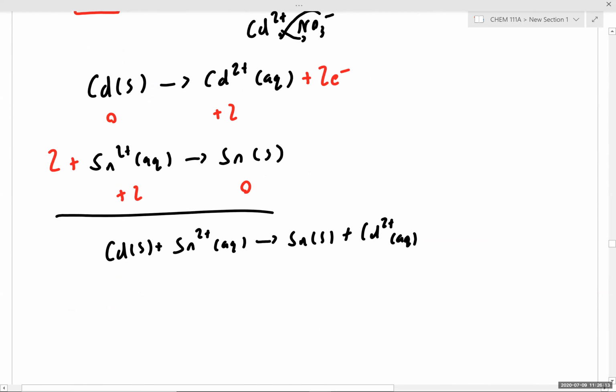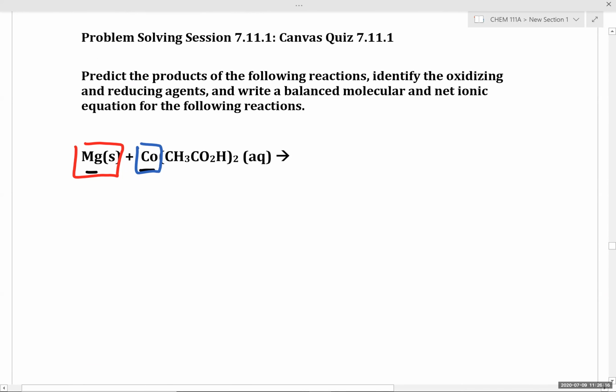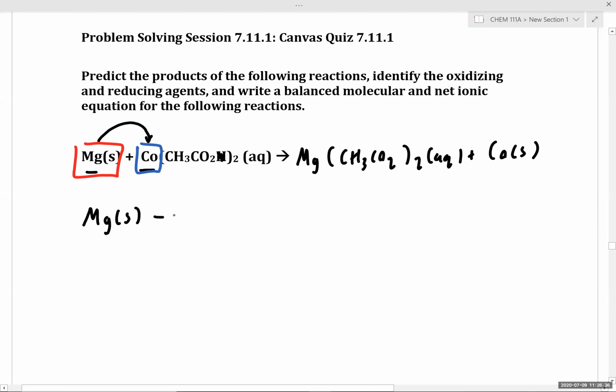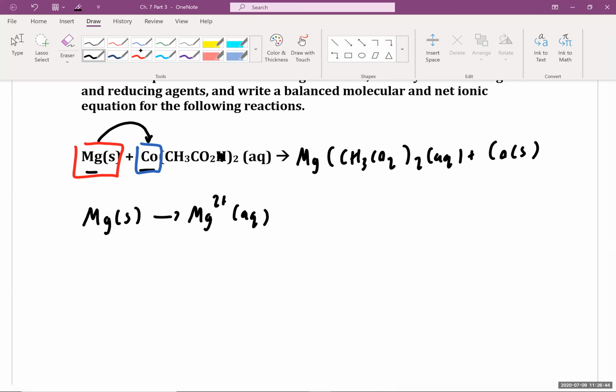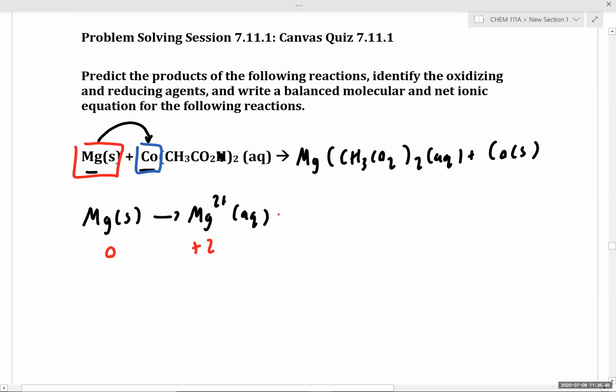Okay. So then magnesium will displace cobalt, and that gives us magnesium acetate aqueous, and cobalt solid. Now, writing out our half reactions, we went from magnesium solid to magnesium 2+ aqueous. And as we went from 0 to +2, we lost 2 electrons.